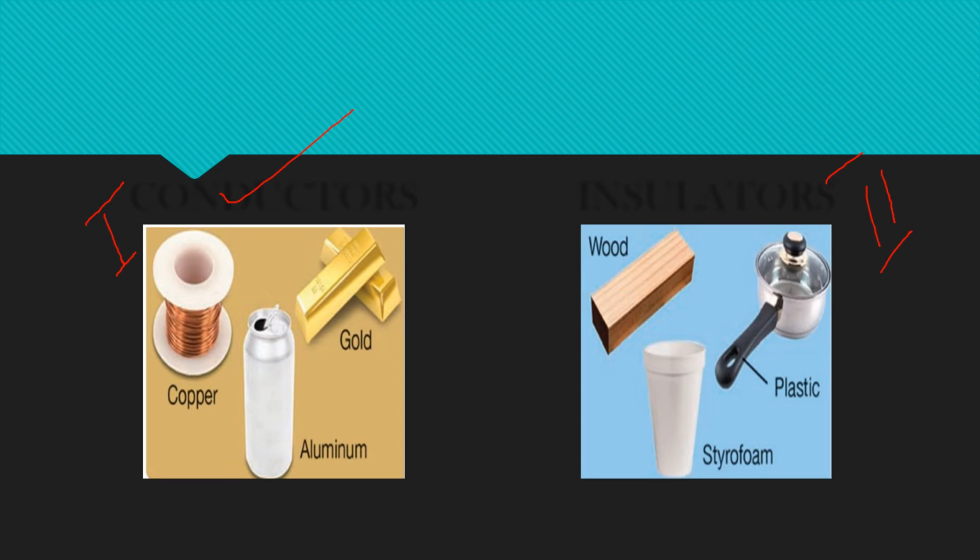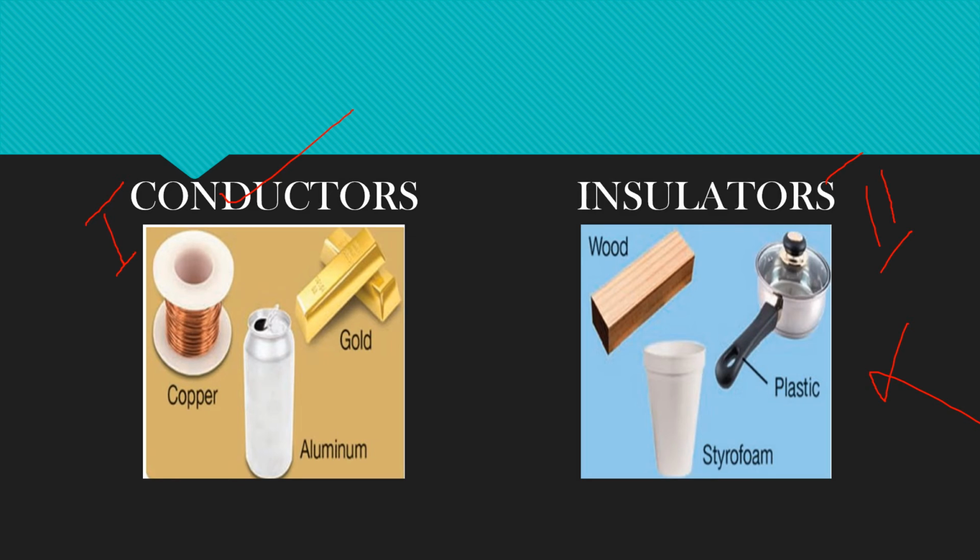Such objects can be termed as conductors, whereas wood, plastic and the like won't allow heat to pass through. Such objects can be termed as insulators. So based on conduction, objects can be classified into conductors and insulators.